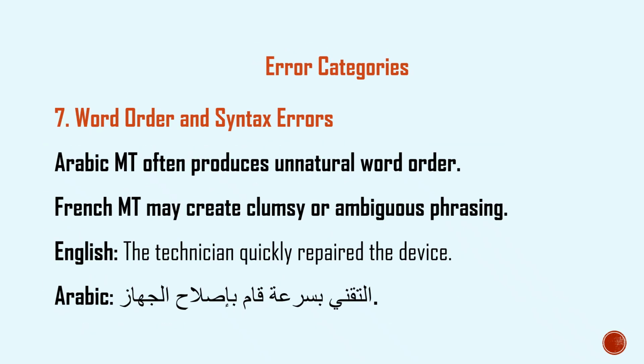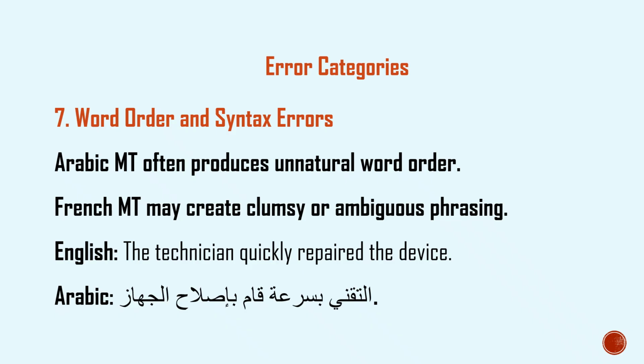The seventh category of errors found in machine translation output relates to word order and syntax, particularly when translating into Arabic from English and French. Machine translation systems often struggle with English Arabic and French Arabic word order because Arabic syntax is highly sensitive to the placement of the verb, subject, and adverbs.